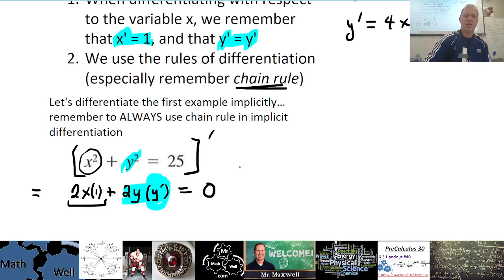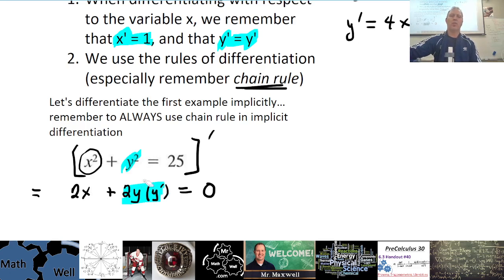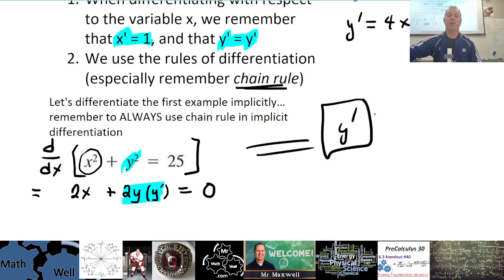So now where do we go from here? This looks like a real mess, but not really. Because what are we looking for? We're looking for the derivative with respect to x, d dx of this. So we're really looking for y prime. That's what we're trying to solve for.